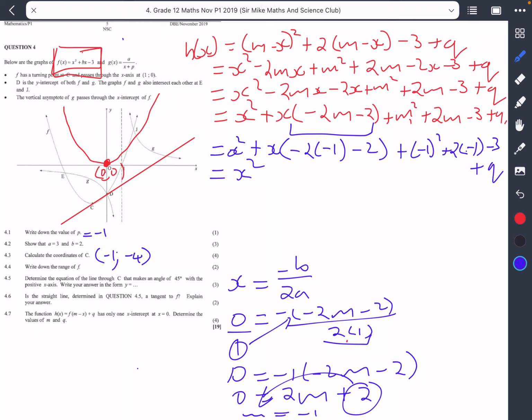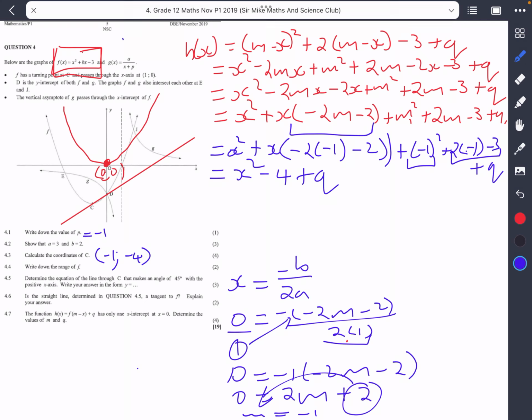But if I take that, now remember, negative 1 squared will give us a 1, but in this case, negative 2 minus 3 gives me negative 5. Plus 1, that would actually give me negative 4. So that would be minus 4 plus q.